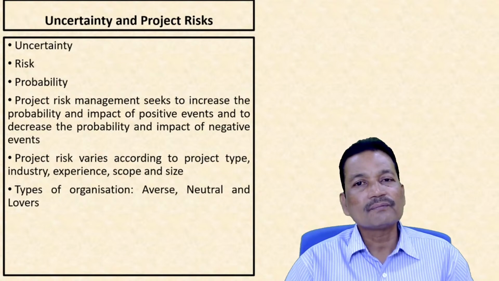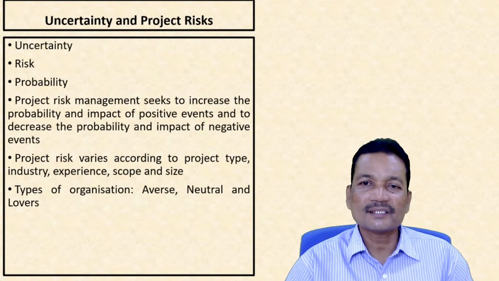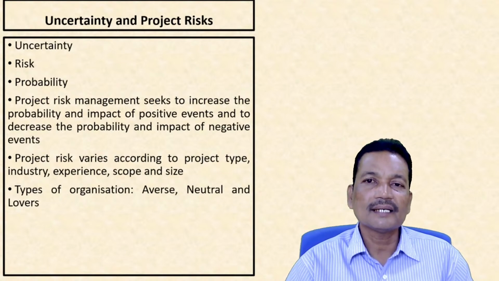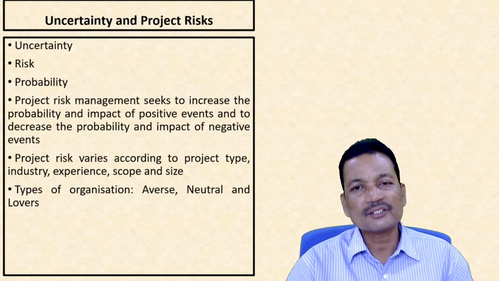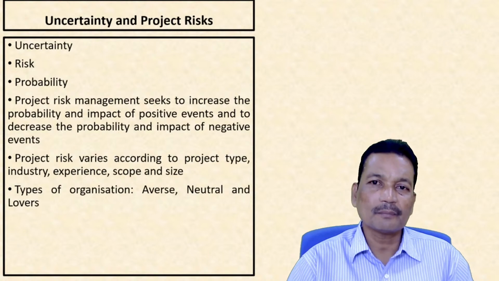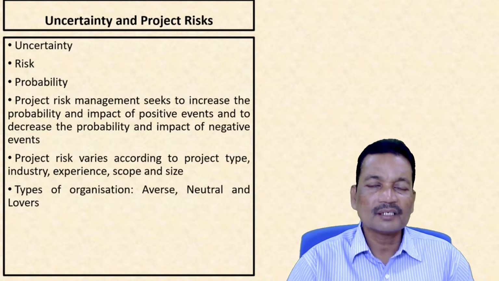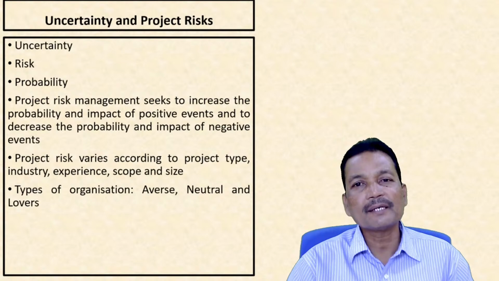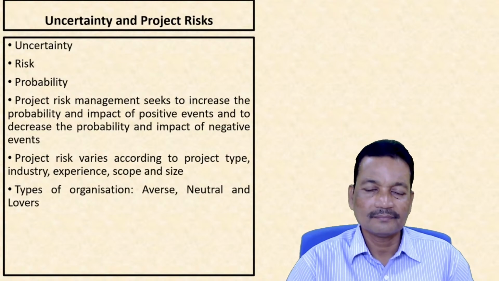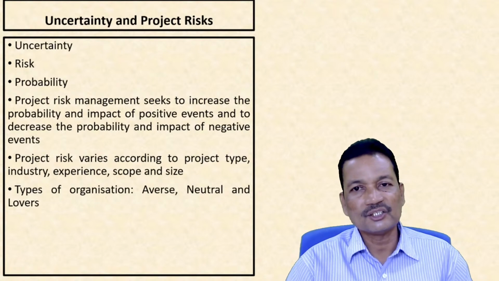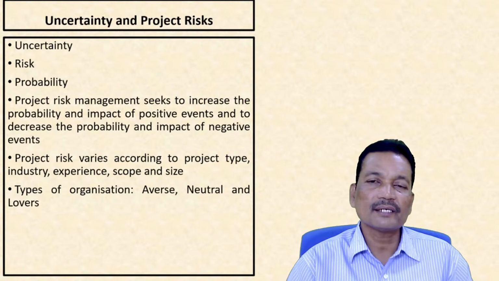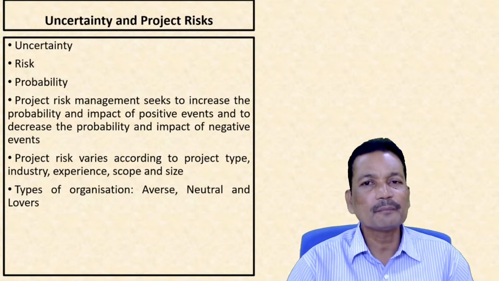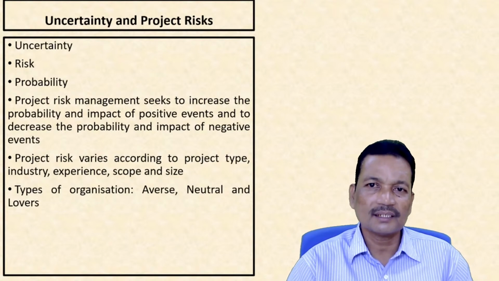If the deliverables are large in number, then the project will have a very large number of activities to be completed, because each deliverable will have its own kind of activities. And size. Yes, we know projects differ in size, big projects, small projects, etc.